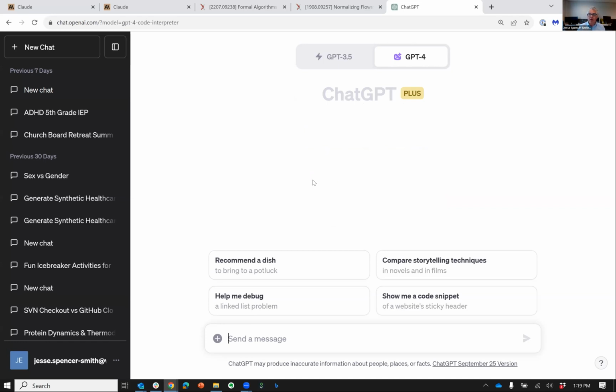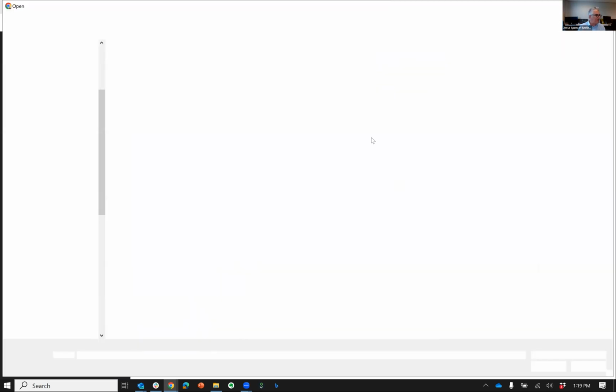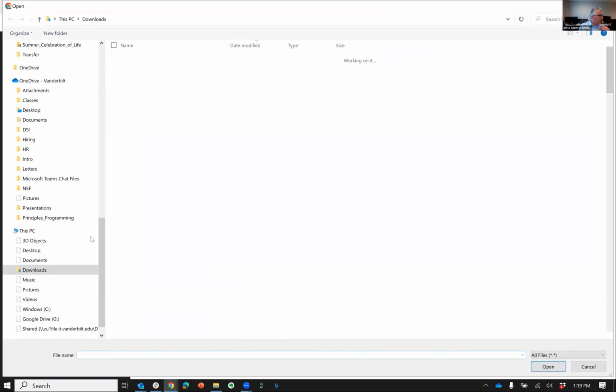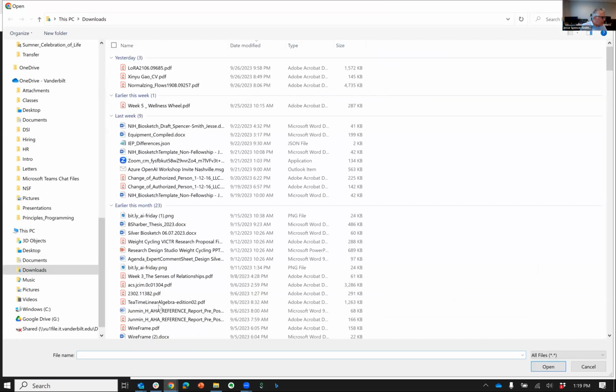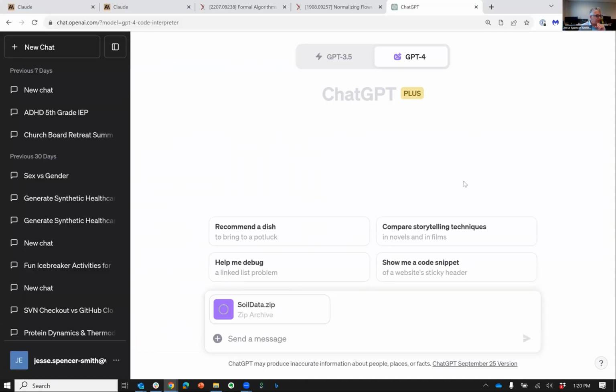I happen to have publicly available data. So here's the data that I have. I'm going to do a plus, and I'm going to go to my downloads, and I'm going to look for something that's called soil. This is data from a really cool project that Marcus Eberl and his graduate students and teams from the Data Science Institute worked on together.